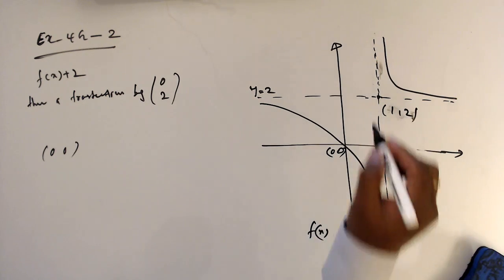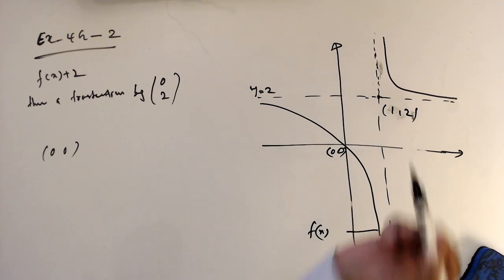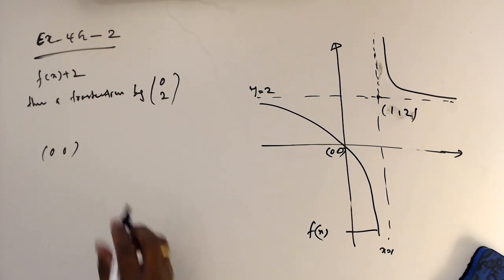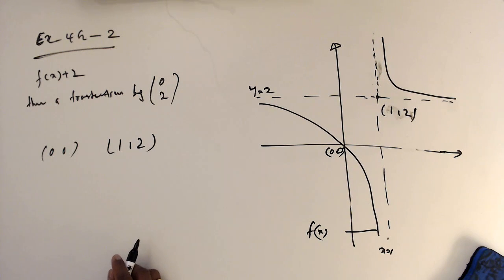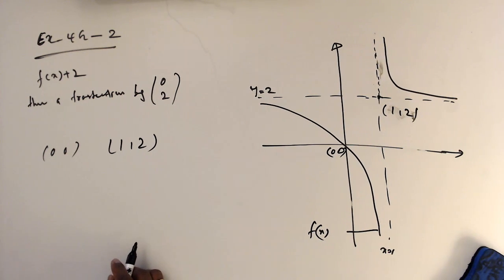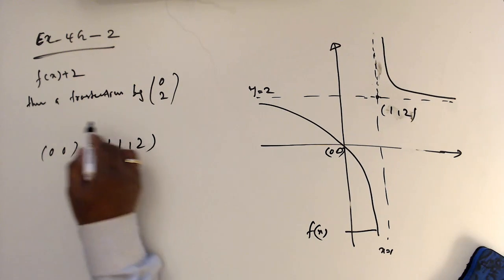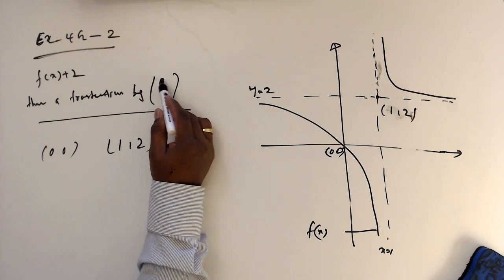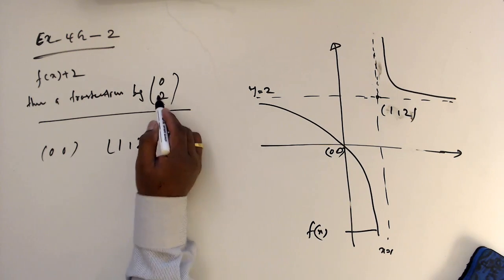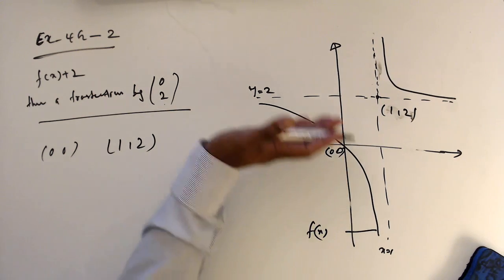This is 1, 2. Now I know that x equal 1 and y equal 2 are the asymptotes. Now I want to add 2 to the y values. It means I need to shift this graph up by 2.